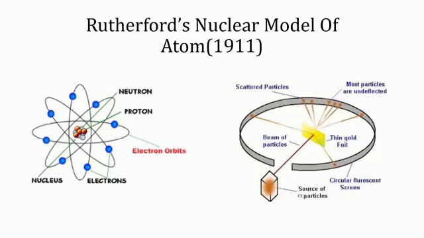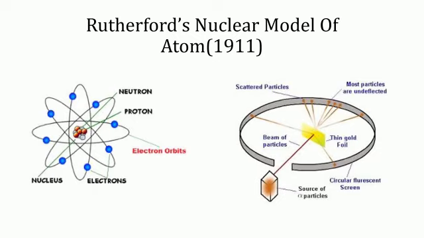When the alpha particles were bombarded on the gold foil, it was expected that the alpha particles would get reflected from the gold foil if the positively charged mass were evenly distributed inside the atom as put forth by J.J. Thomson.